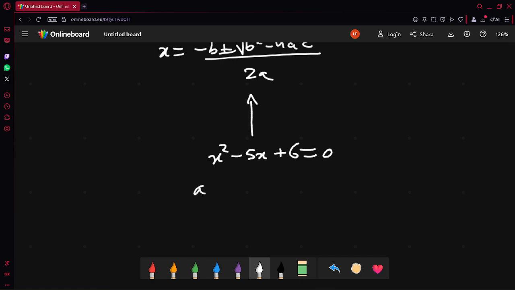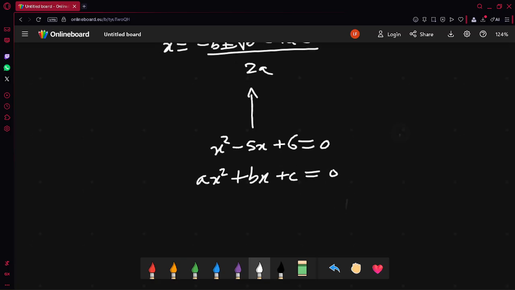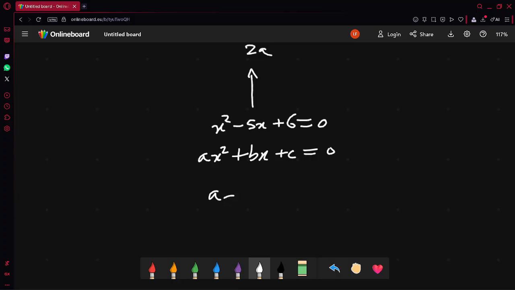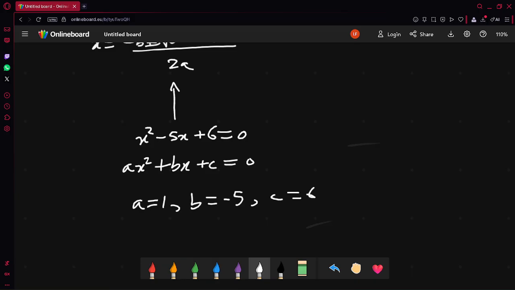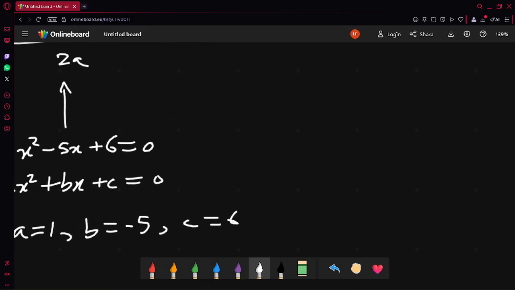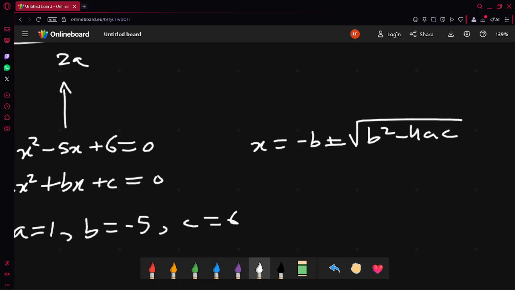Now, by comparing it with the general form of a quadratic, you can see here that a equals 1, b equals -5, and c equals 6. So let's plug it into the formula. x equals minus b plus or minus the square root of b squared minus 4ac over 2a.